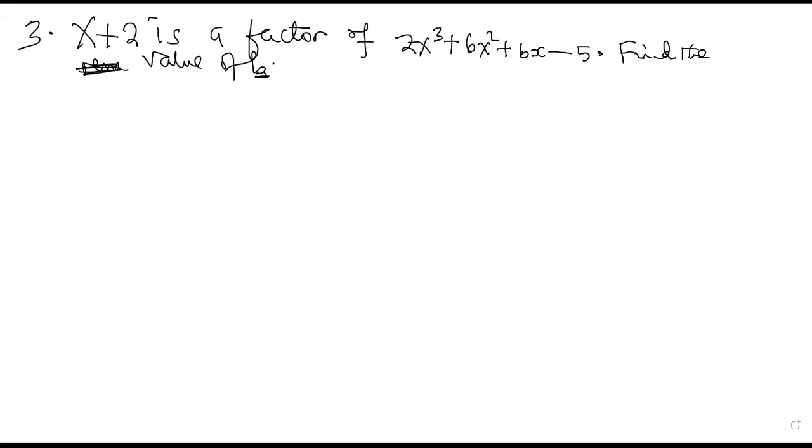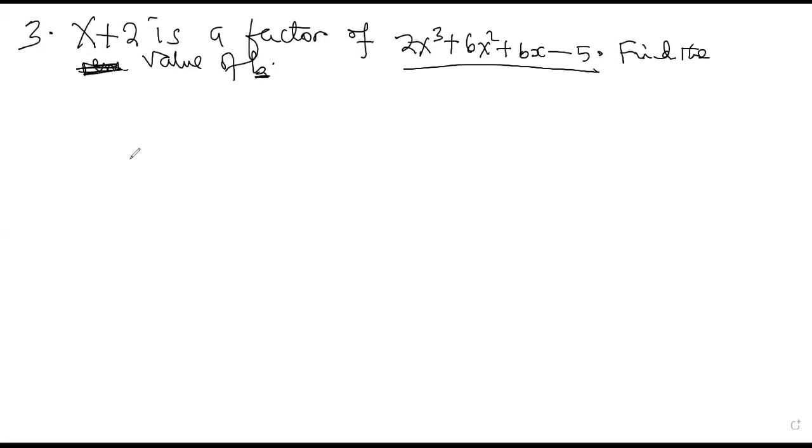So here, in this question, we need to first understand what it means when they say x plus 2 is a factor. When they say x plus 2 is a factor, it means that when we divide the polynomial by x plus 2, the remainder is 0.